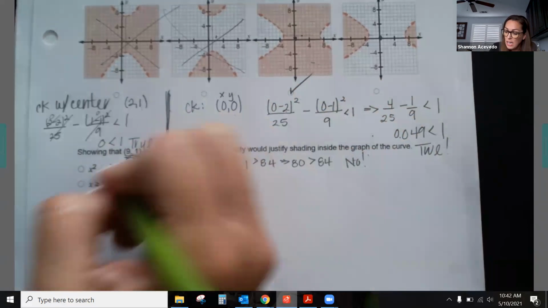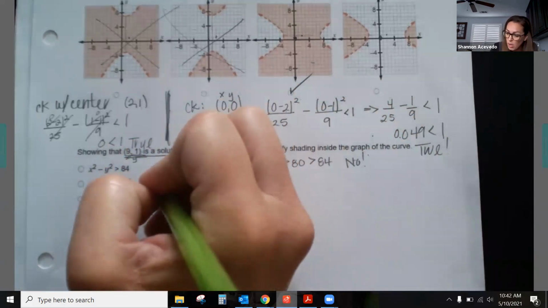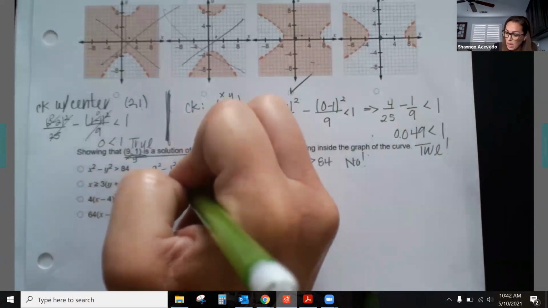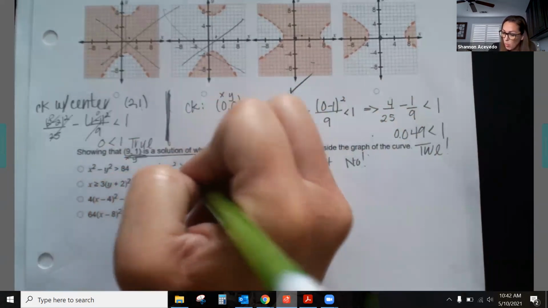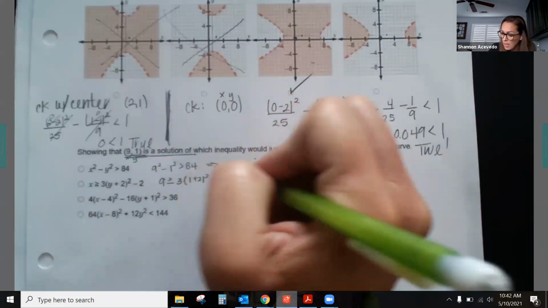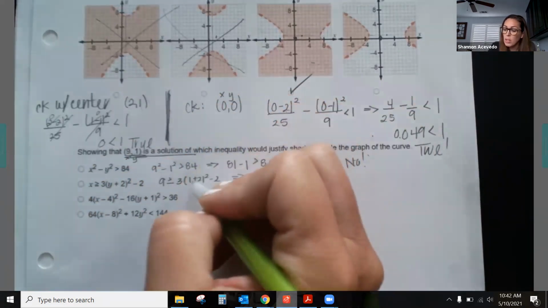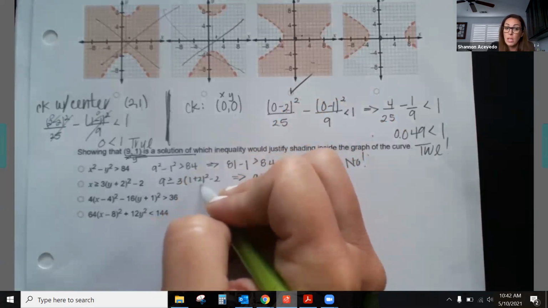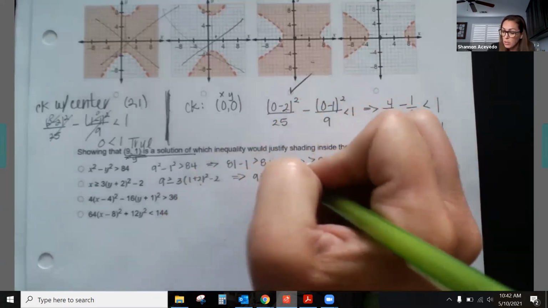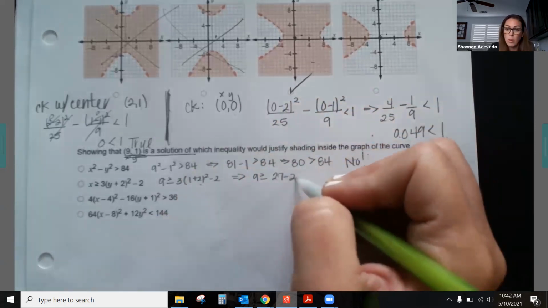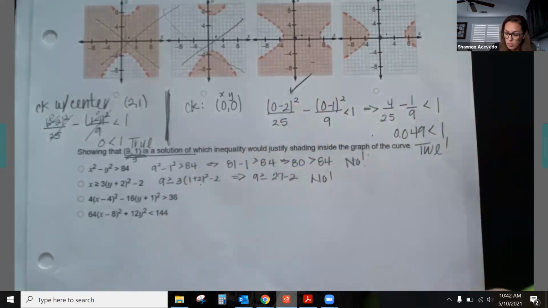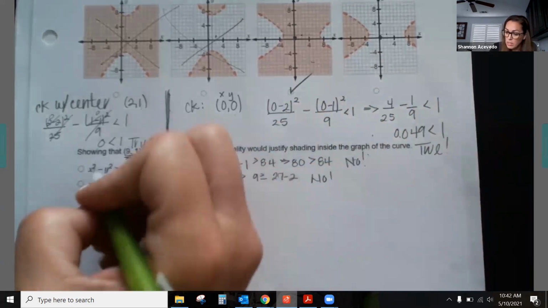So again, 9, 1. 9 is greater than or equal to 3 times 1 plus 2 squared minus 2. So 9 is greater than or equal to, 3 squared is 9 times 3 is 27 minus 2. I already know that 9 is not going to be greater than 25. I'm going to stop right there. So that's a no.